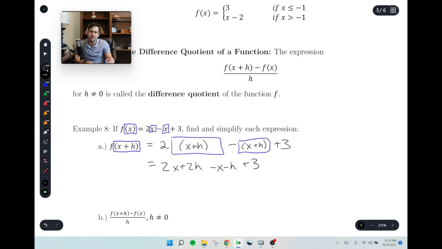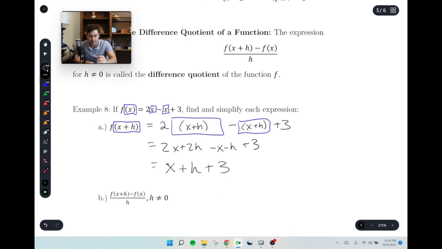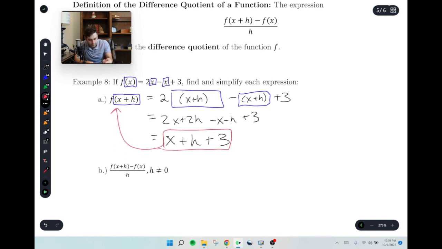I know that went kind of fast, but that's me plugging in that blue box, distributing, and then we probably get something like x plus h plus 3. Awesome. So now we're going to take that answer. That answer is the answer for our A. I'm plugging it straight in where I see the same dang thing, right?